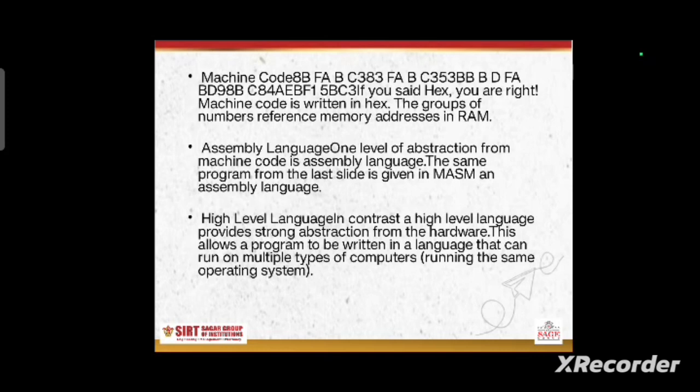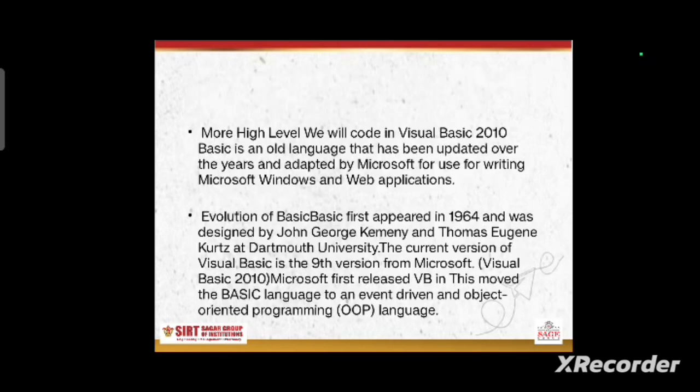Now if I'm talking about the high level language, why is it called high level language? Because the language is written in the form of English language. We can say that all the English words, English sentences, and English alphabets are used in this high level language, which is understood by all humans.